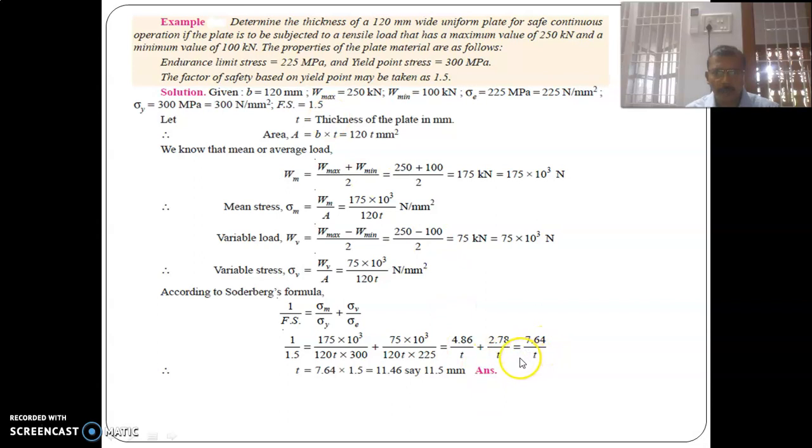This equals 7.64 divided by T. So T equals 7.64 into 1.5, which is 11.5 mm. So the thickness of the material is 11.5 mm according to the Soderberg formula.